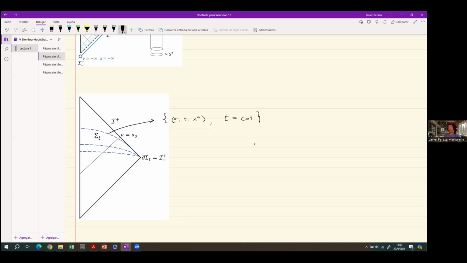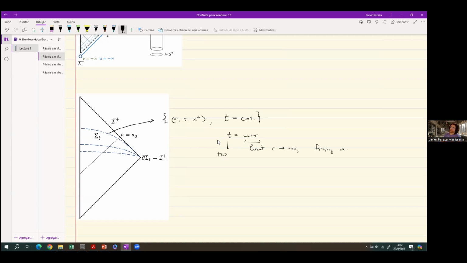So one of the natural things to do here is just to write t as u plus r, and say that the limit t goes to plus infinity corresponds to going to the limit r to plus infinity, fixing u. So any time that we are taking some limit over a Cauchy surface when t goes to infinity, we mean that r goes to infinity and u goes to a fixed point.